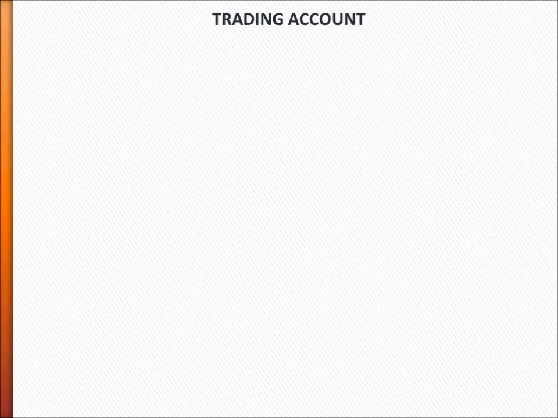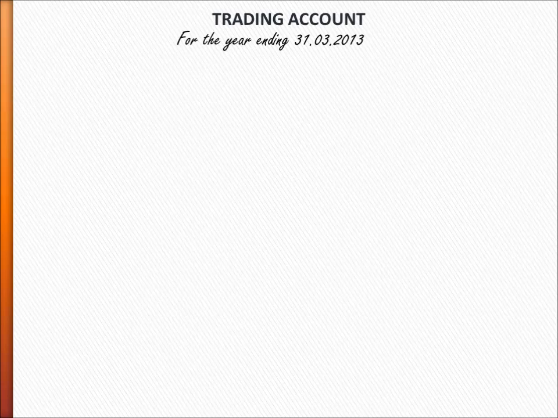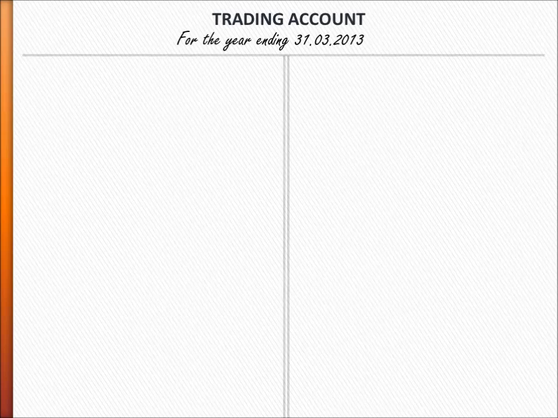Whenever you write a trading account, you should write down "Trading account for the year ending 31st March 2013," because in this question I'm going to take 31st March 2013 as my closing date. It's always prepared in the T shape.